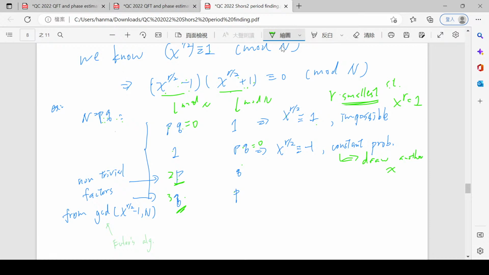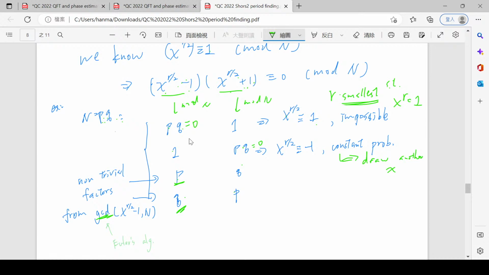You can get other factors here. So the correct way to do this is you run Euclid's algorithm and take the greatest common divisor between x to the r over 2 minus 1 and n, and that will give you a factor, this factor p here.